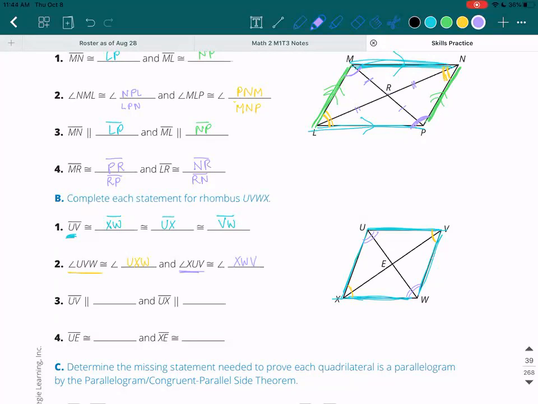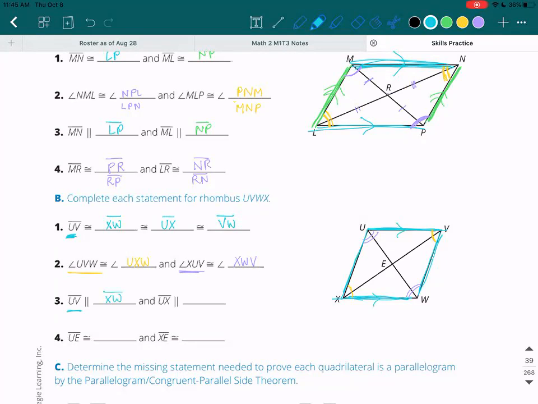So the opposite angles are congruent. And then we also have parallel sides to talk about. UV, that's the top one, is parallel to which one? XW, good.